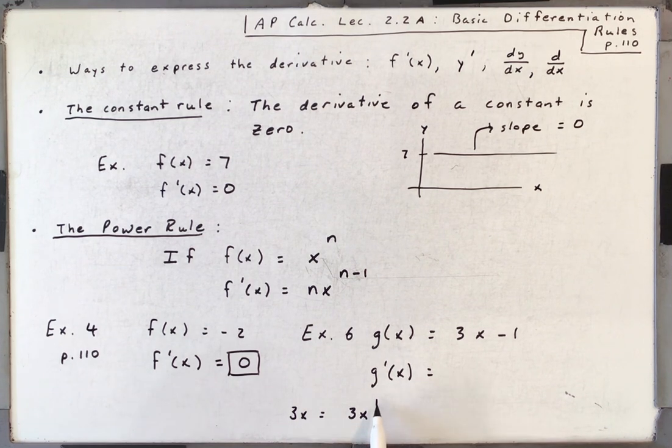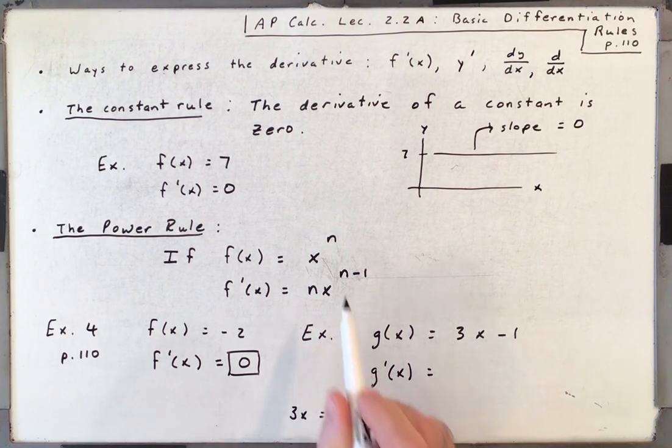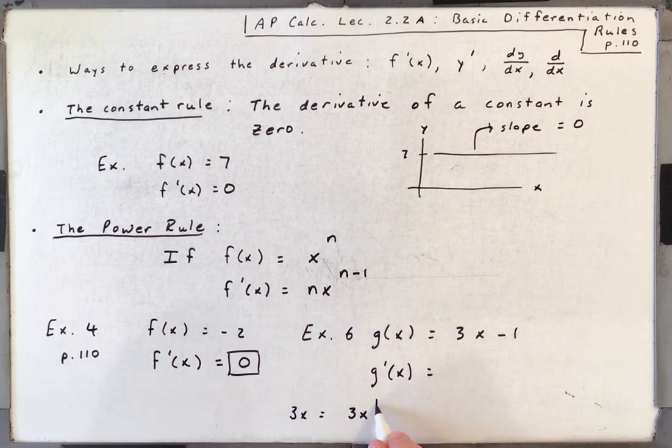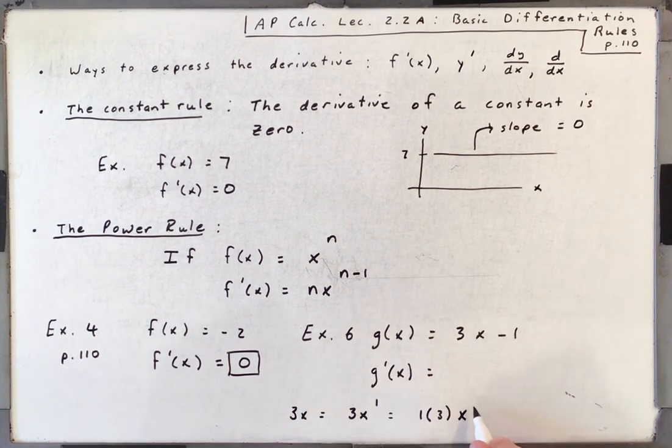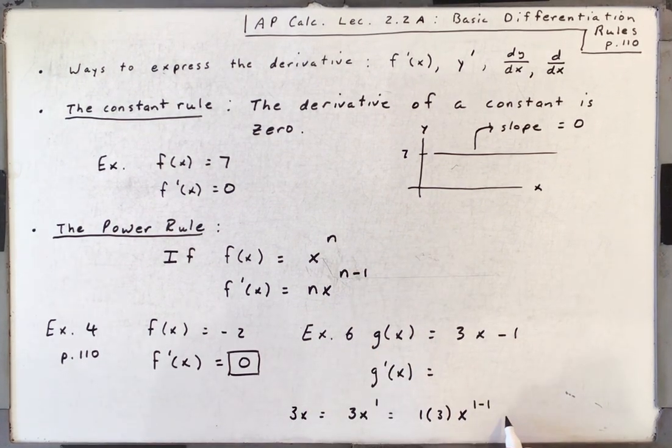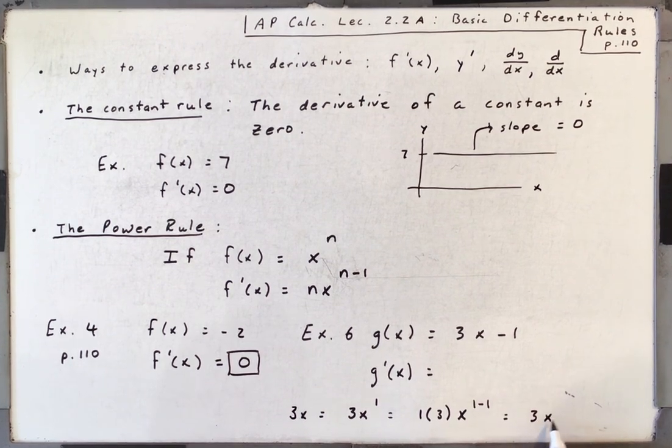So if it's the first power, we just don't write it. So using the power rule, we would bring the 1 out front. So it'd be 1 times 3 times x to the 1 minus 1. We subtract 1. So that's going to be 3x to the 0.